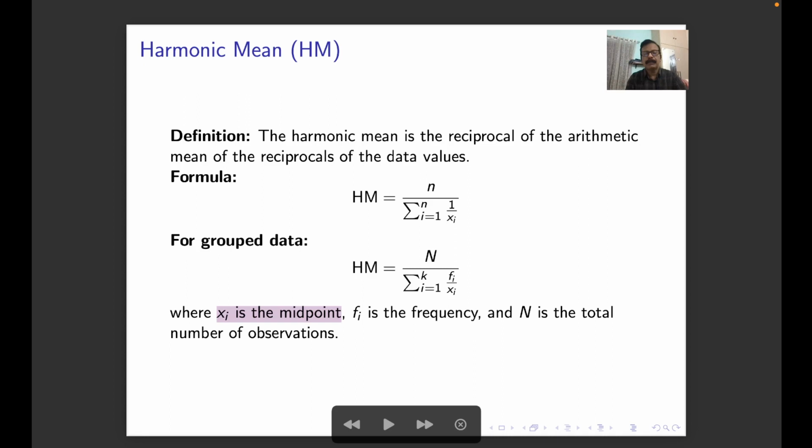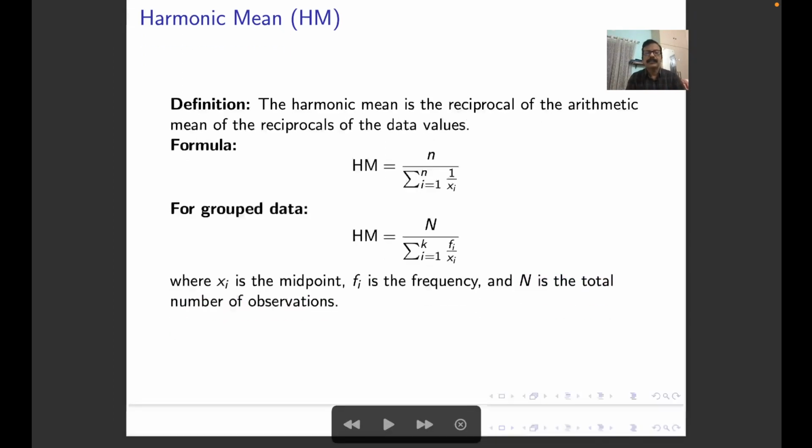So f1 by x1 plus f2 by x2 plus etc. plus fk by xk, if there are k classes, and the formula is capital N divided by summation i equal to 1 to k fi by xi. Here capital N is the total number of observations or total frequency, that is summation fi, i equal to 1 to k.